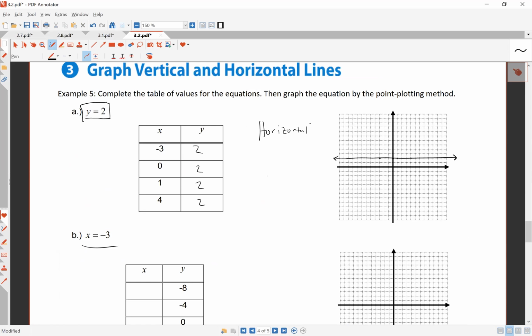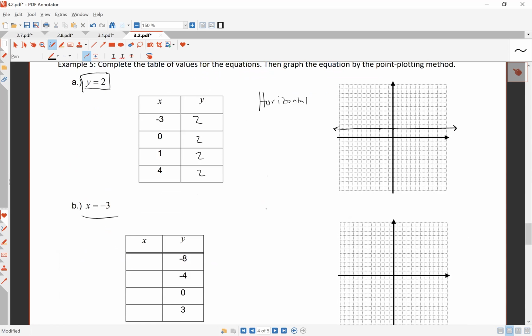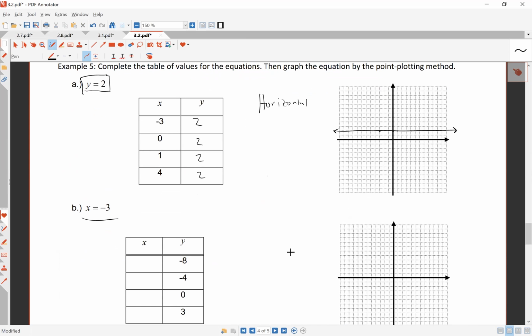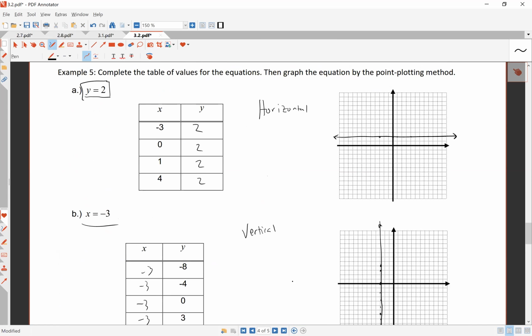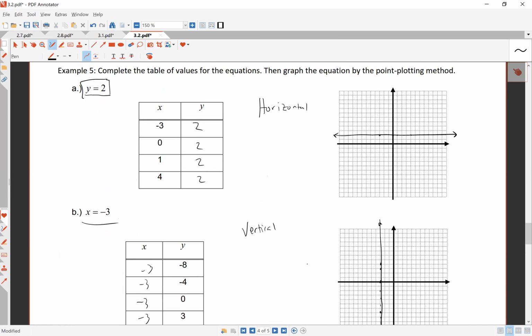So y equals are horizontal lines, and if x must always be negative 3, go over to negative 3, 0, negative 3, 4, negative 3, negative 8, negative 3, 3. All these spots where x is negative 3, you're going to graph a vertical line. Okay, you kind of just have to memorize that.